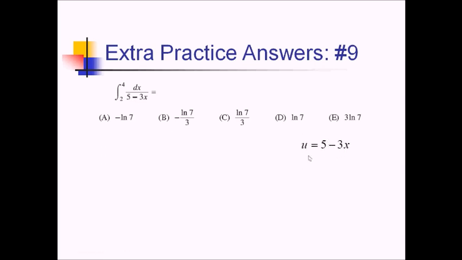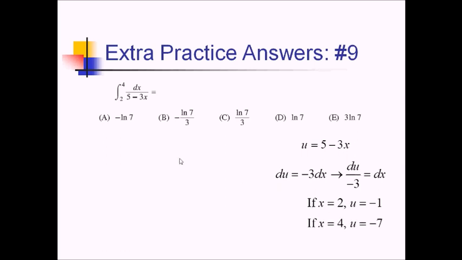So we then end up with du equals negative 3 dx. So dx equals du over negative 3. Now I'm going to get some u values out of my x values here. If x is 2, then u is 5 minus 3 times 2, or negative 1. If x is 4, u is going to be 5 minus 3 times 4, so that's 5 minus 12, which is negative 7.